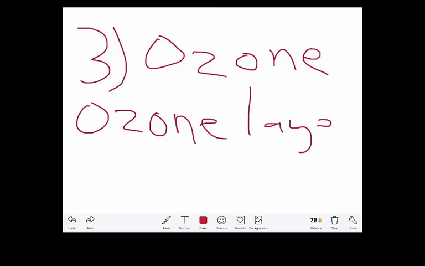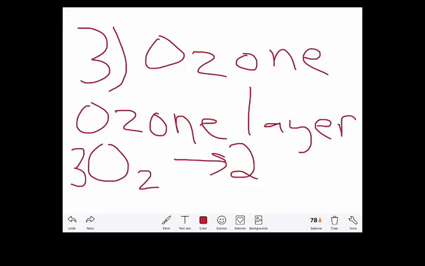It was only after photosynthesis started, and then a billion years, that is one with a B, billion years after photosynthesis was occurring, that the ozone layer formed. Once atmospheric oxygen could form, 3 molecules of atmospheric oxygen can combine to form 2 molecules of ozone. Ozone is O3. Atmospheric oxygen is O2.